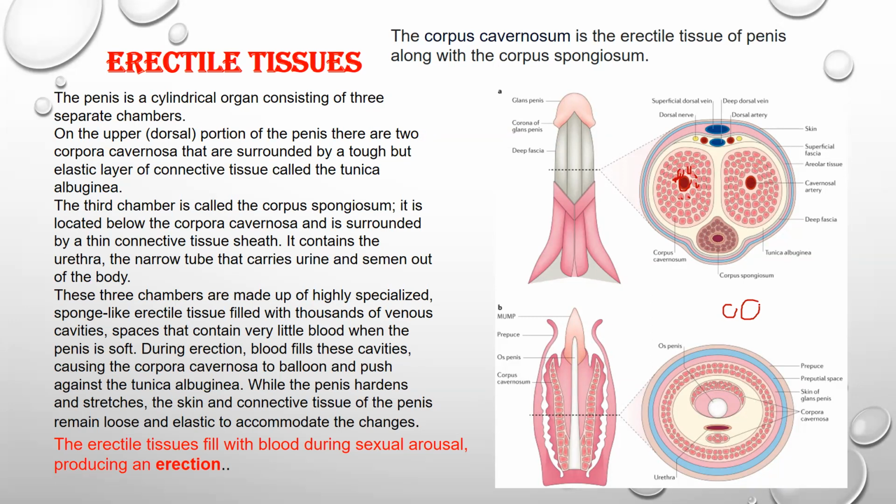Third is the veins. We know that every vein of our body has valves present, isn't it? And these valves are always functional. So when the nitrous oxide creates relaxation of the corpus cavernosa, blood gets filled up into all these spaces, the chambers.